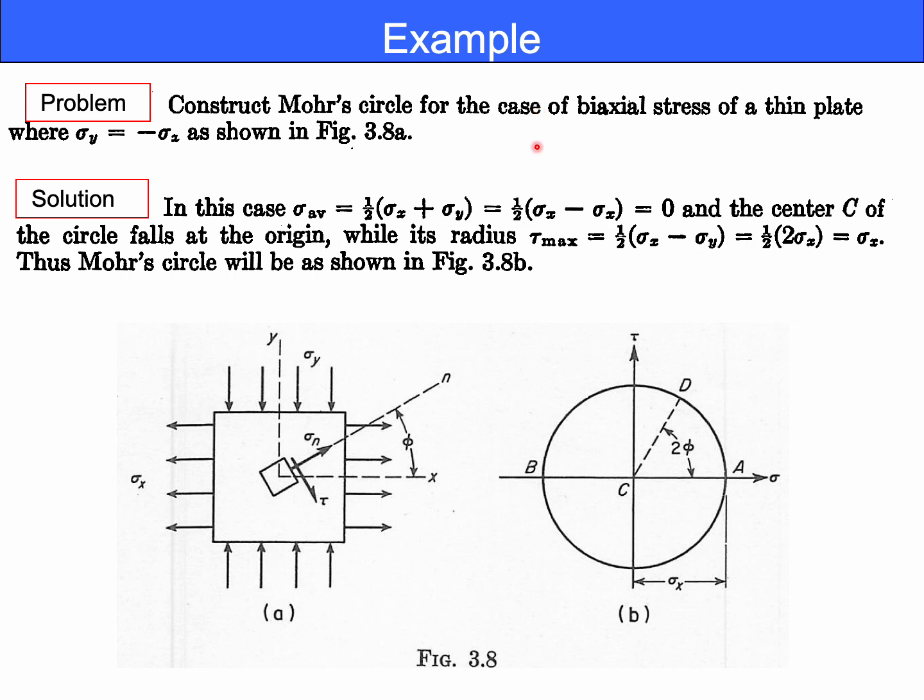Here is an example problem concerning Mohr's circle. The question is, construct Mohr's circle for the case of biaxial stress of a thin plate where sigma y equals minus sigma x. So sigma y is the negative of sigma x as shown in this figure.